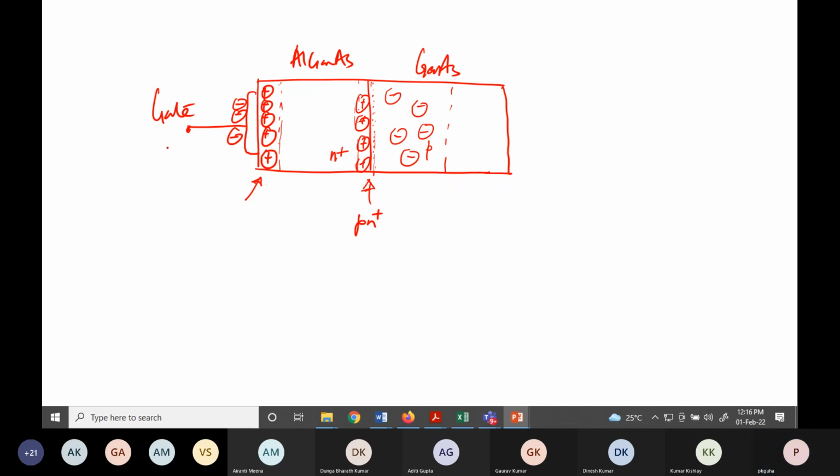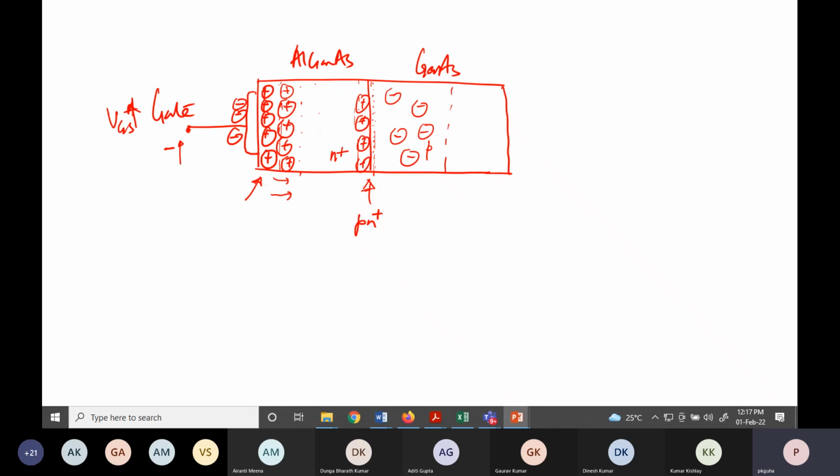If we keep on increasing this negative voltage, if we keep on increasing this VGS in the negative direction, then what will happen? This depletion width will keep on increasing, because it needs to image the charge, it needs more and more positive charge. So more and more depletion width is going to increase, right?